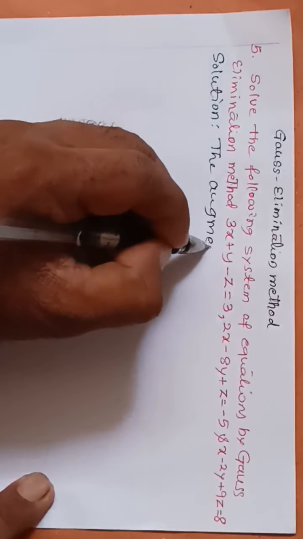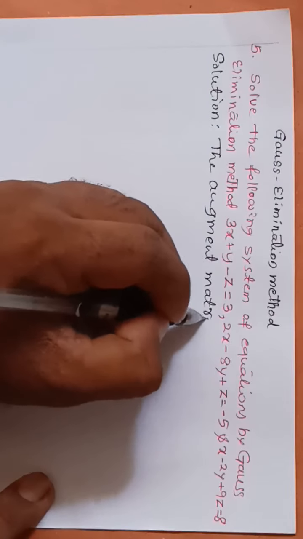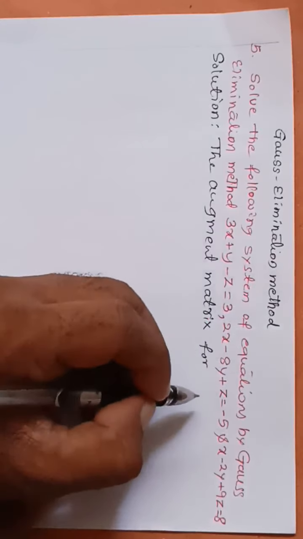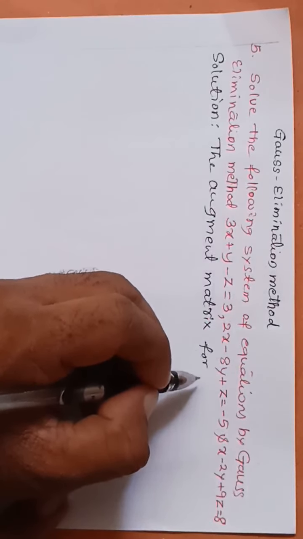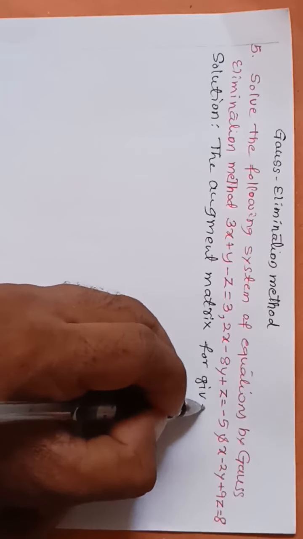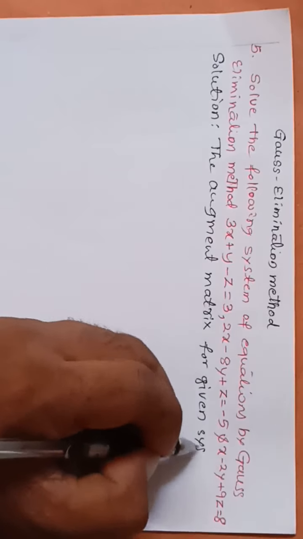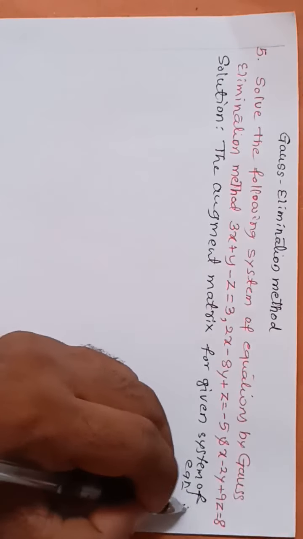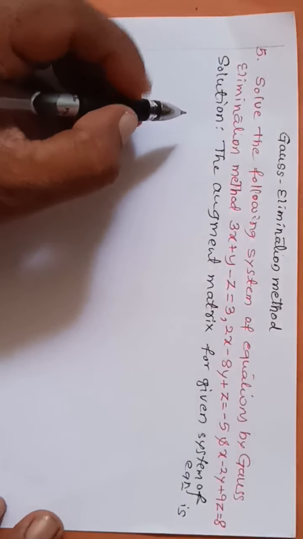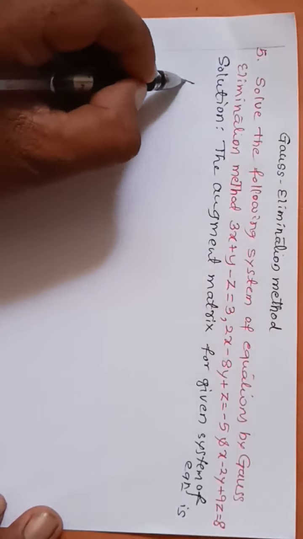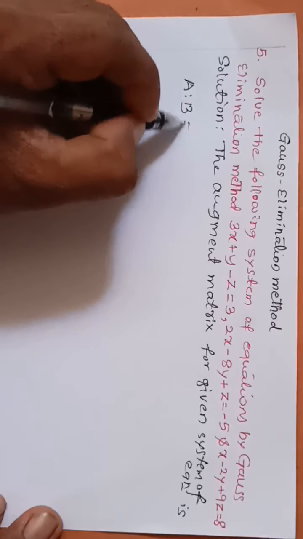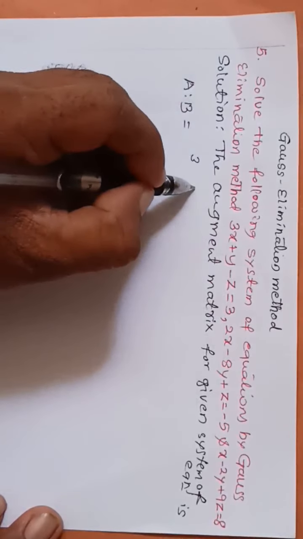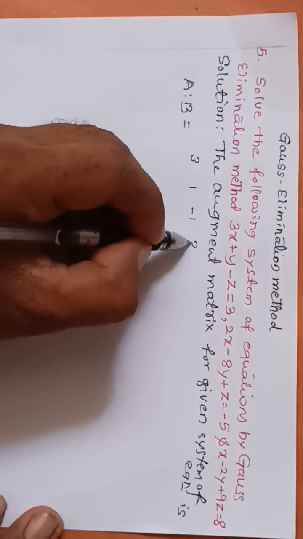The augmented matrix for the given system of equations. We'll write: 3, 1, minus 1, 3.